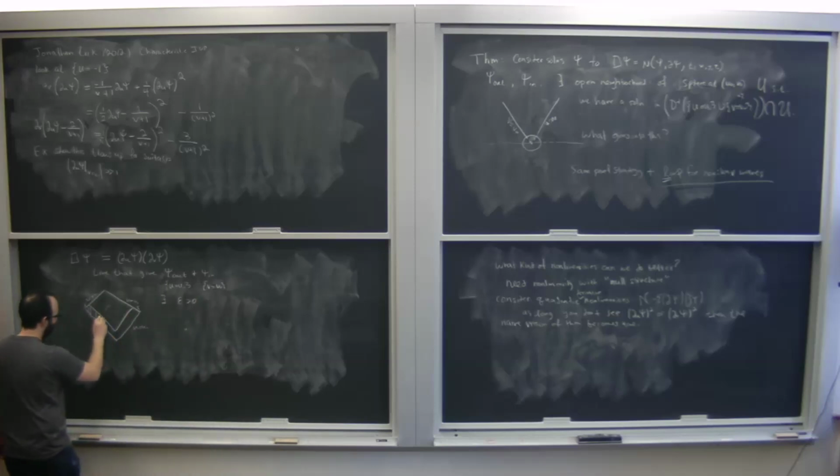I don't know what to call this region. Maybe call that G epsilon, the shaded region. Right?